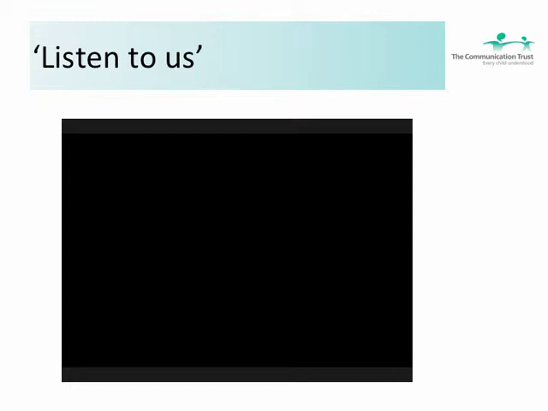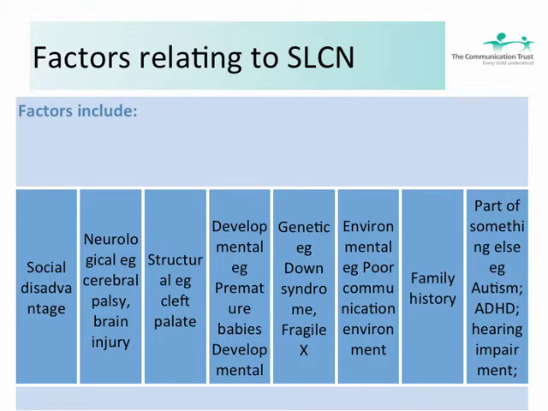Right, I'm going to move on to slide 27, and we're going to talk a little bit about some of the factors relating to speech, language and communication needs. Again, this has come out slightly differently, but there are lots of different factors. Starting over on the left-hand side, I mentioned earlier that there's a really strong association between social disadvantage and speech, language and communication needs, particularly language delay.